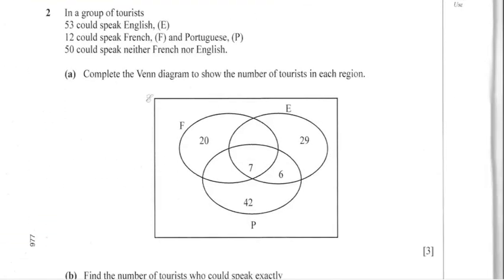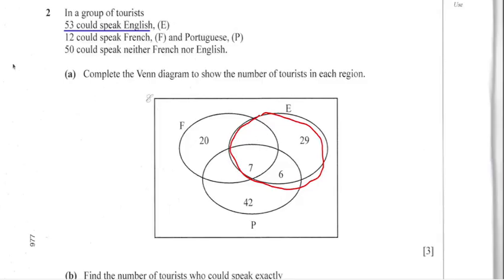Alright, let's fill in the information. From the first statement here, we are told that 53 could speak English, which means on the circle A, the total number of people going inside there should be 53, which means we have a few people remaining here.